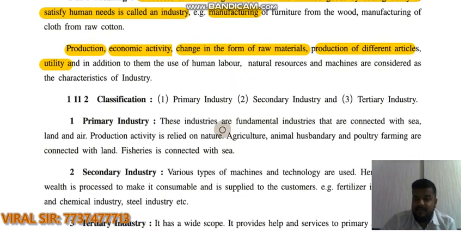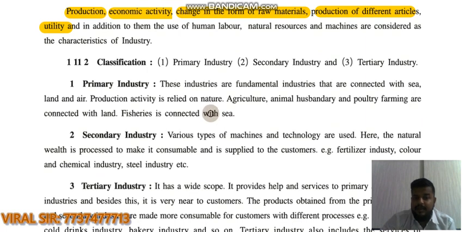Again, the industries are classified into three types: primary, secondary and tertiary. What is primary? Primary industries are those fundamental industries connected with sea, land and air, or rather connected with nature, with natural products.